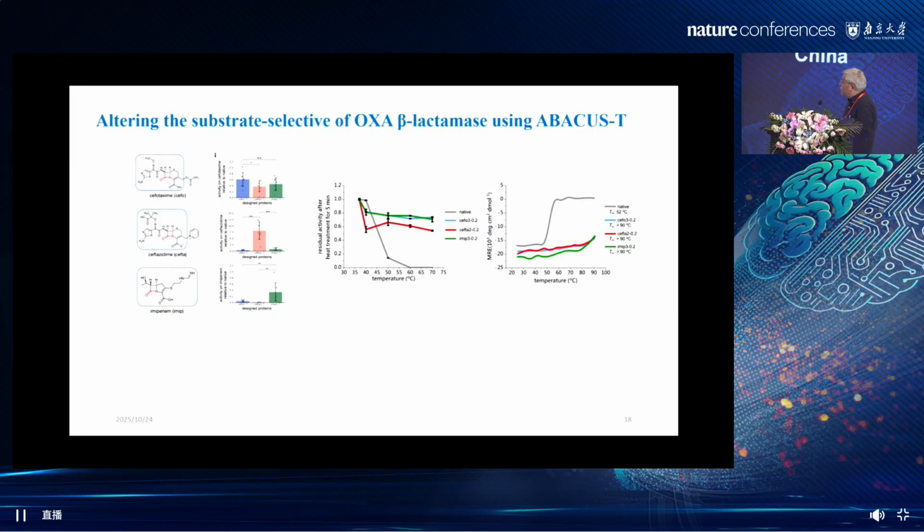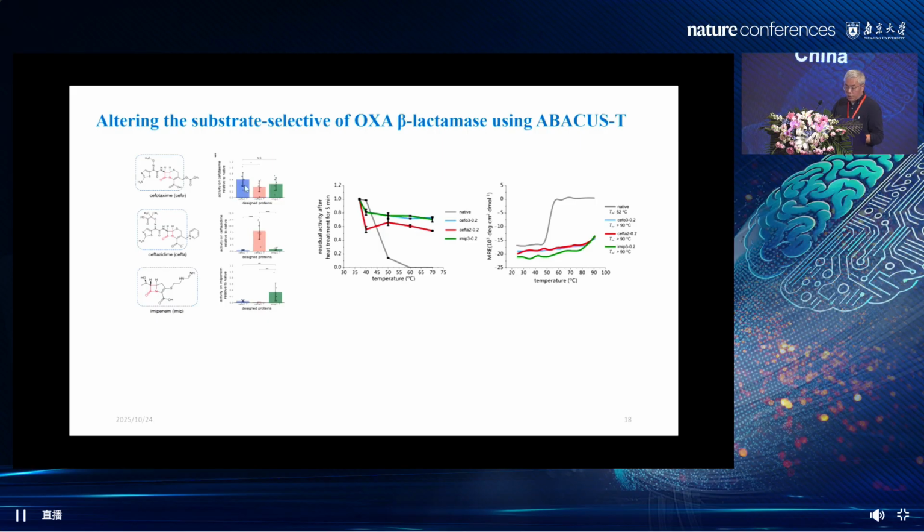We also tested it because one focus of ABACUS-T is interaction with the ligand. So we tested this oxacillinase-type lactamase. It naturally can work on several different substrates, so we see if we can redesign the substrate selectivity of this enzyme. These are the different substrates of the protein.